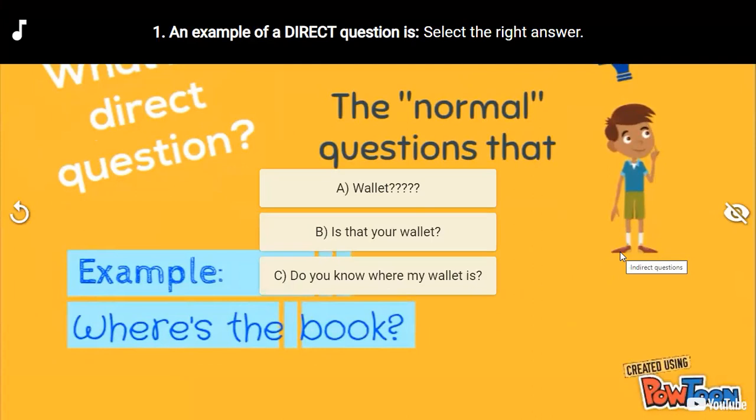An example of a direct question, not an indirect one, a direct question. What do you think it is?